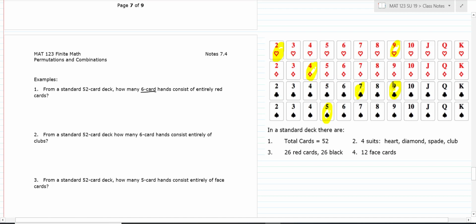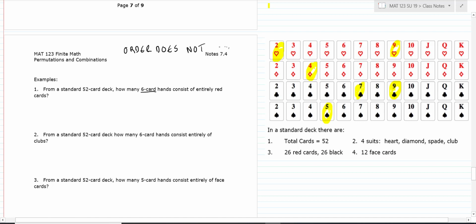It wouldn't matter what order those cards are in. It's still the same poker hand, and that's not even a poker hand. You'd probably want to trade in some cards. So order does not matter when you're dealt a hand.